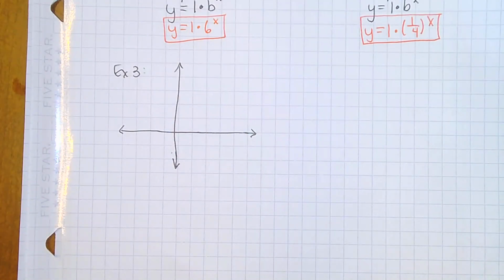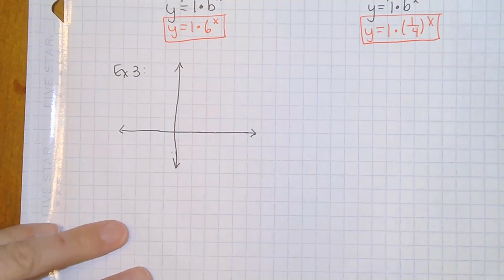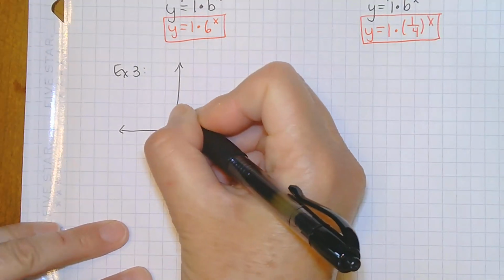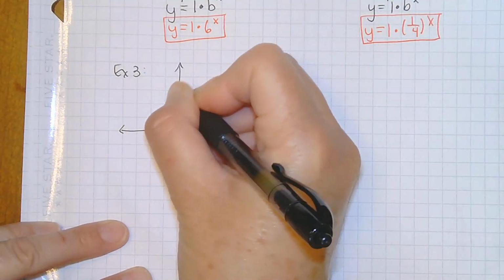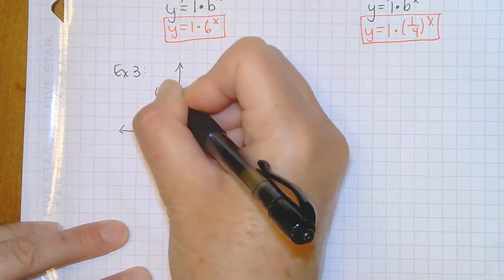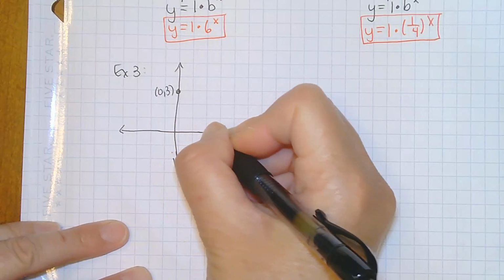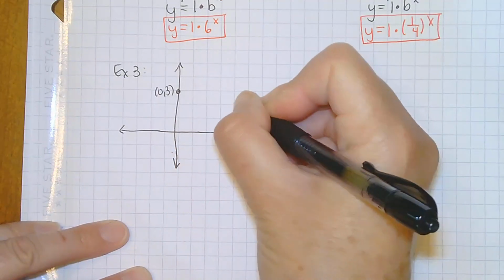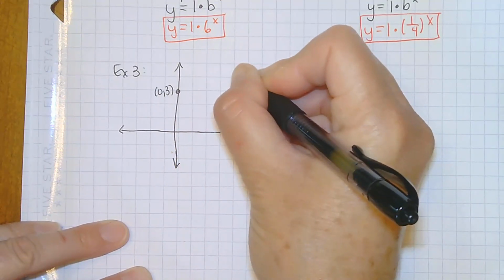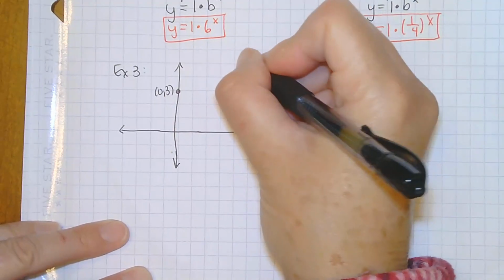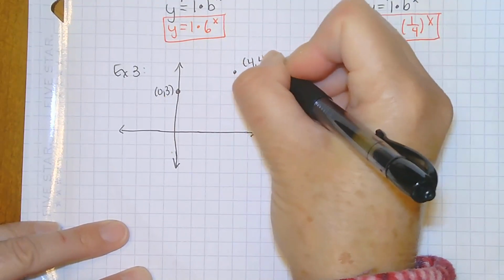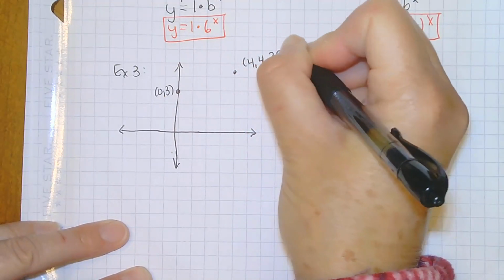And so again, let me draw my points. I have one at 0, 3. And the other one's going to be at 4, ish. It's going to be at 4, 4.3923.